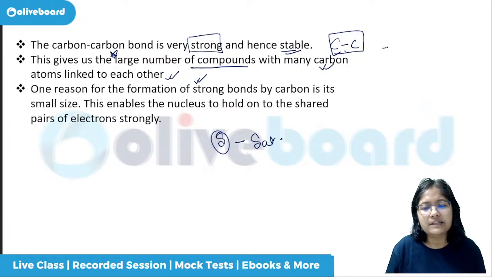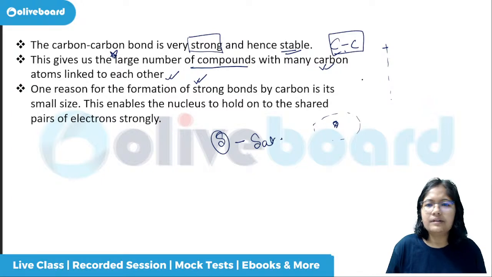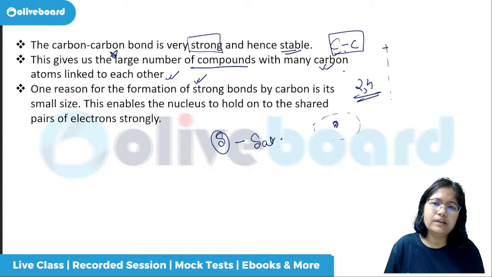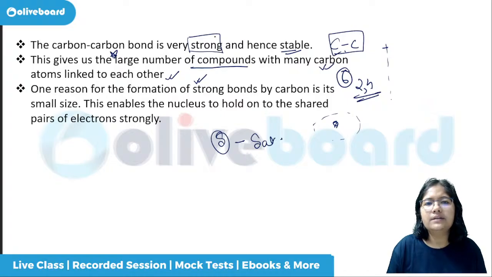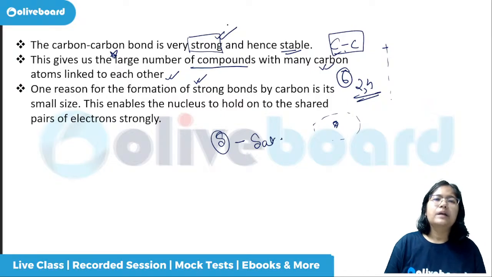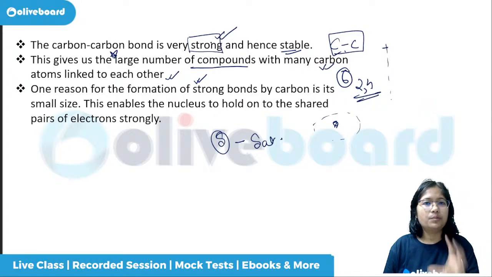Again, when we study the periodic table, we understand that if the nuclear distance is less, carbon is just, you have to adjust only 2 and 4, with the atomic number 6. We are understanding catenation, the property where one carbon forms a bond with another carbon.